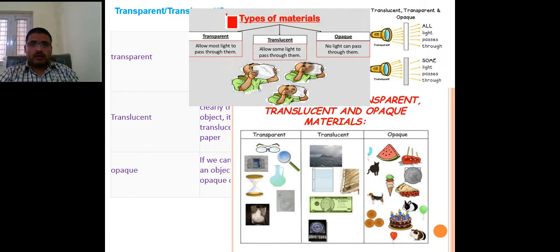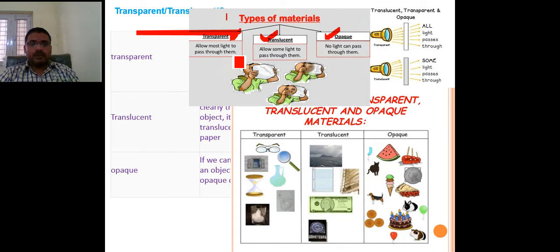Here there are different types of material, known as transparent, translucent, and opaque. Transparent materials are those through which light can pass.